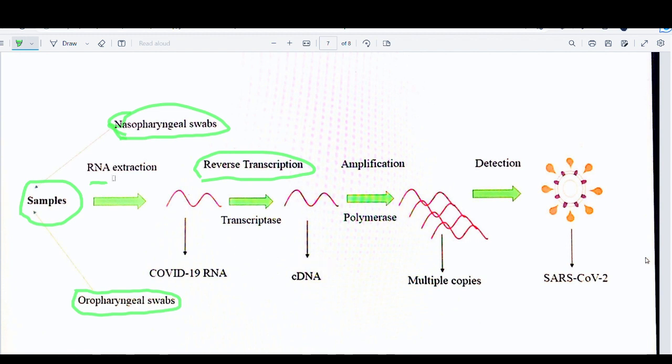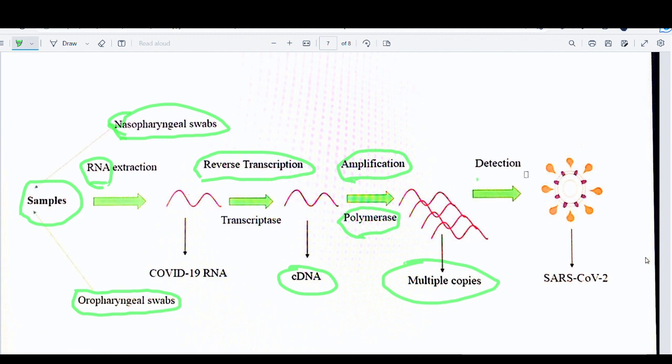After that, we do the amplification, copying. By using polymerase enzyme, we amplify the DNA to multiple copies of DNA.